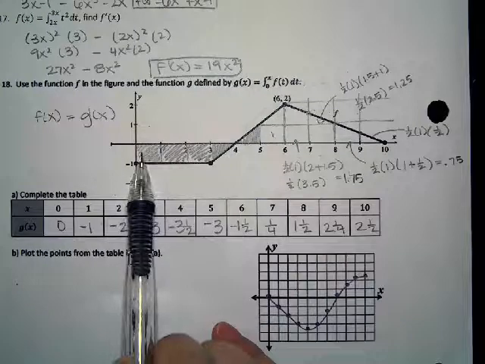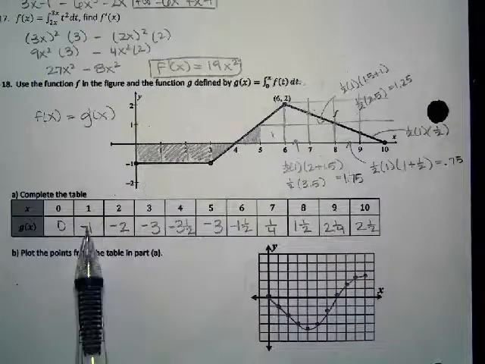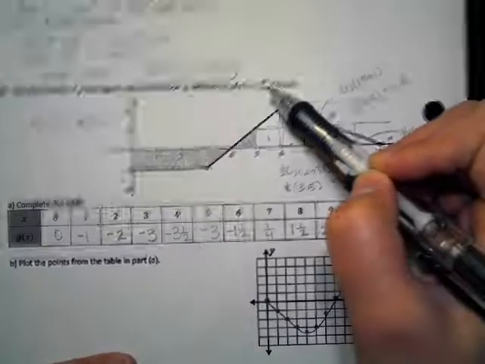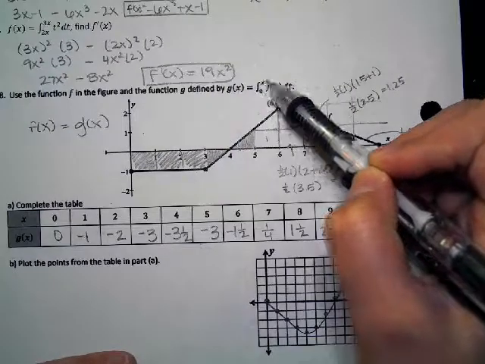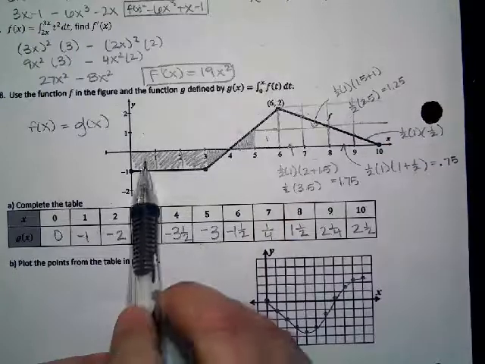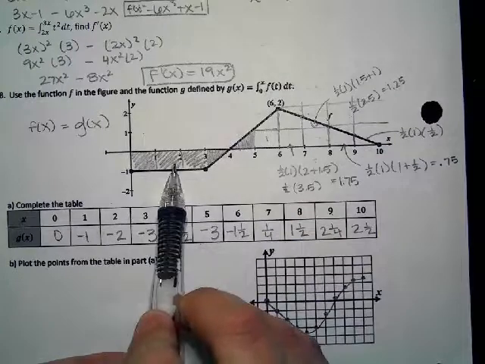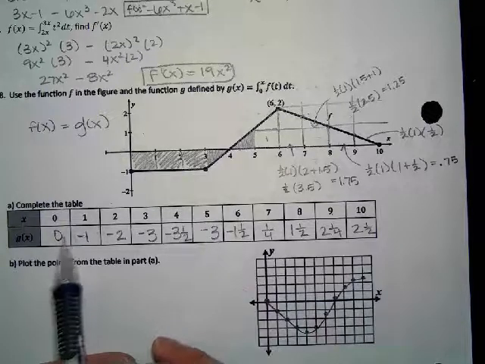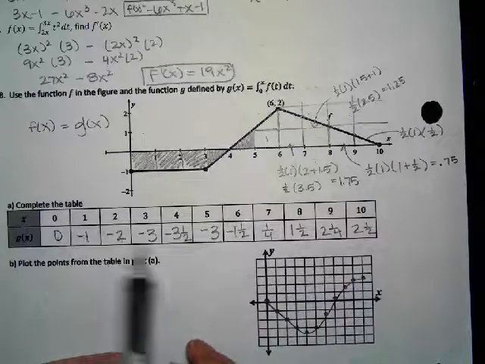So my area from 0 to 1 is a -1, so I put a -1 down there. Then my area from 0 to 2 is a -2. From 0 to 3, that's a -3. So that's where I got the 0, -1, -2, -3.